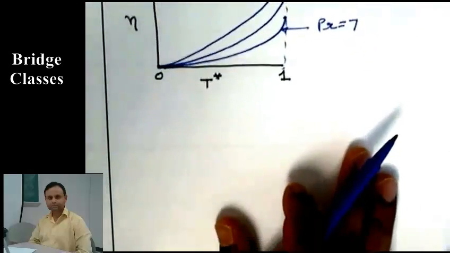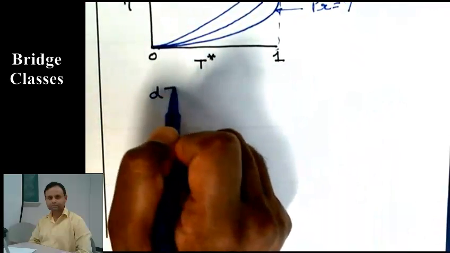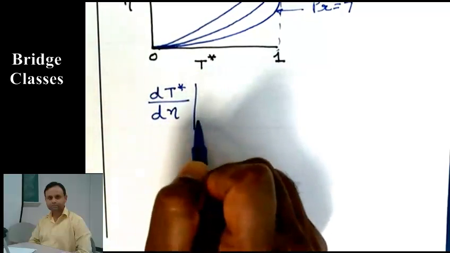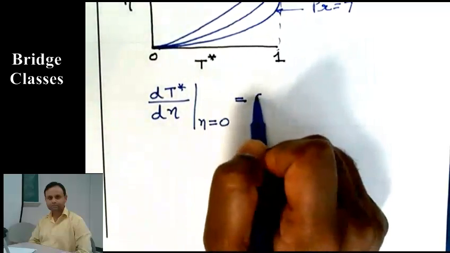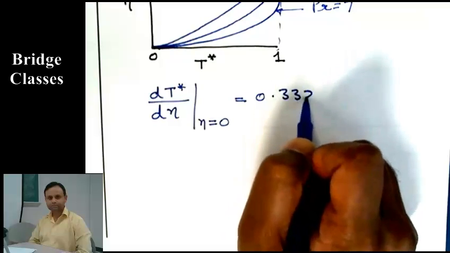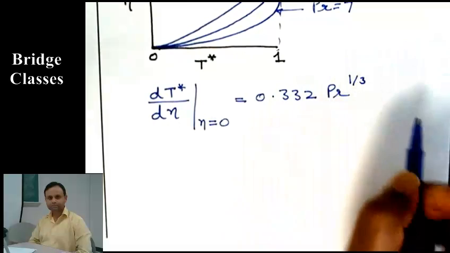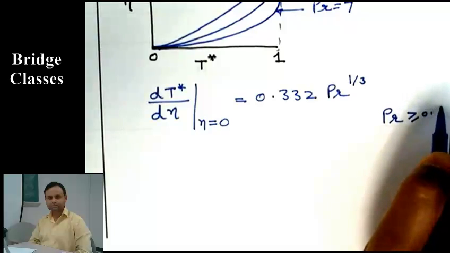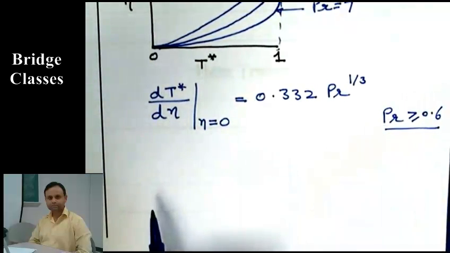It turns out that dT star over d eta at eta equals 0, from the solution, is 0.332 times Prandtl number to the 1/3. This is applicable when Prandtl number is greater than or equal to 0.6.